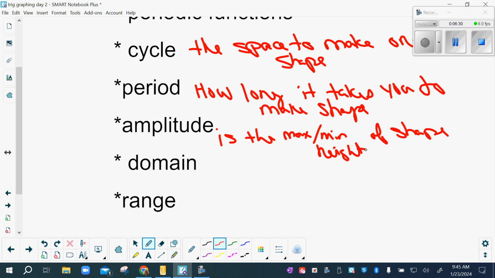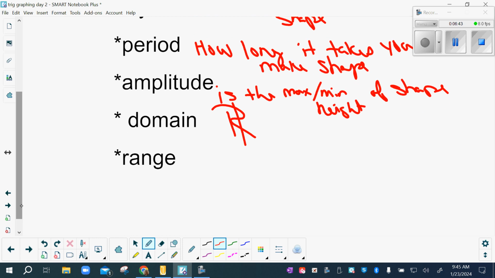The domain, we know range. Domain is your x coordinate. On these, it's always going to be all real numbers. Periodic functions go on and on forever. Range is going to have to do with the amplitude. It will be your max and your min height.